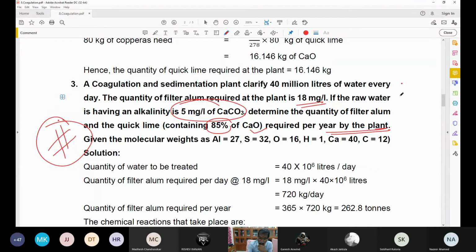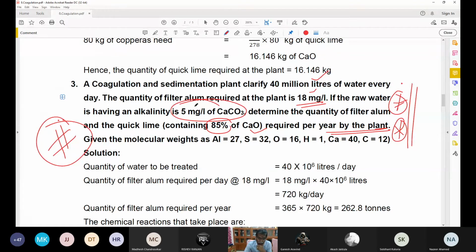Is it okay? If you recall what we discussed in the class, alum reactions may require sufficient alkalinity. If sufficient alkalinity is not there, you have to add alkalinity in terms of lime. Have you understood this problem? Yes, sir. You have to treat 40 MLD and add 18 milligram per liter of alum, but the water contains only 5 milligram per liter of calcium carbonate as equivalent alkalinity.